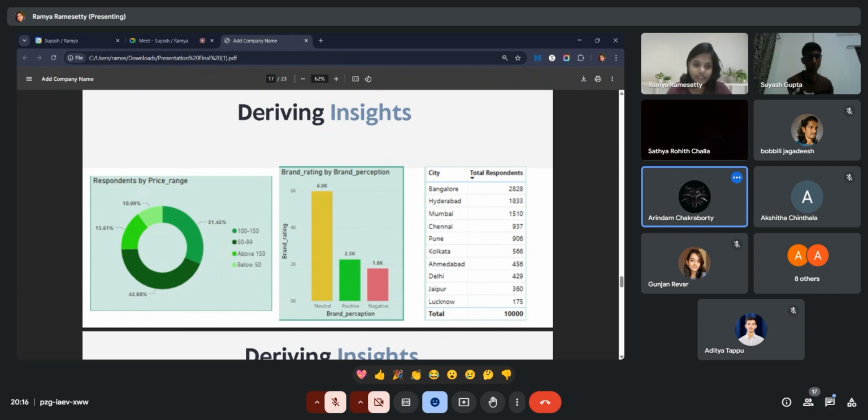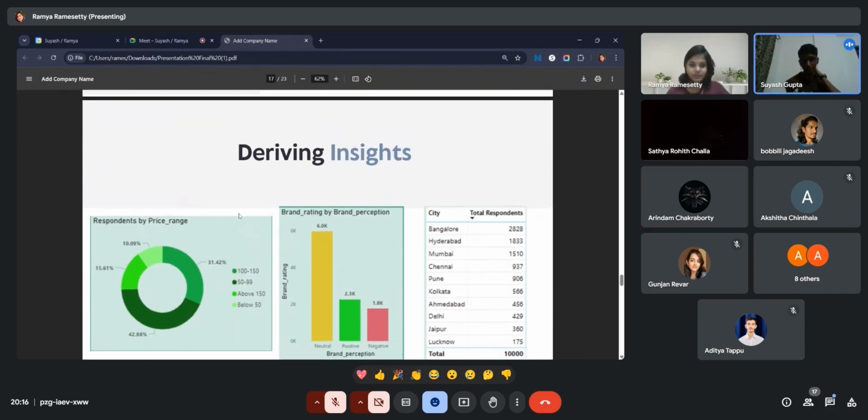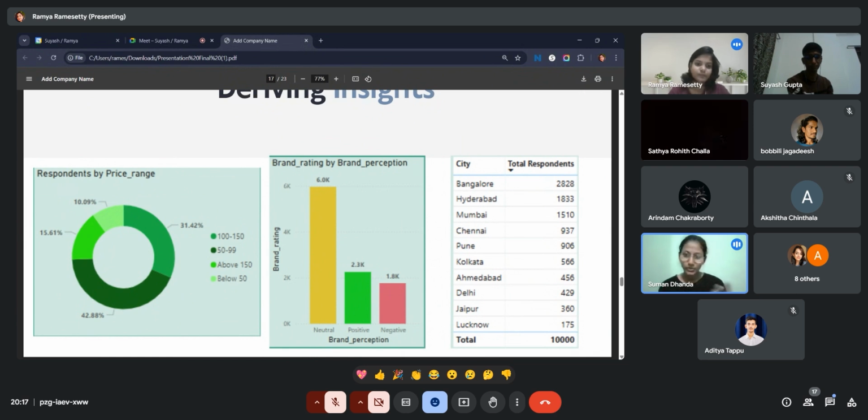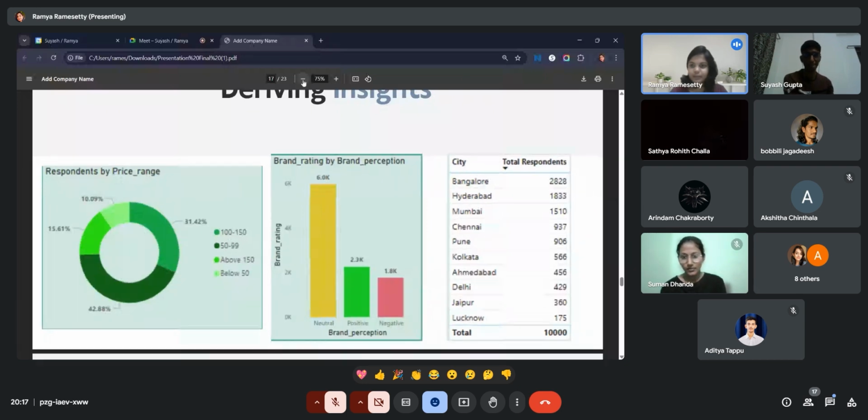Those are the price ranges, right, Ramya? Respondents are more comfortable with 50 to 99 rupees or dollars, whatever the currency is. They are most comfortable with this price range, so we get this insight from here. Yes, that is correct. Thank you for the response.